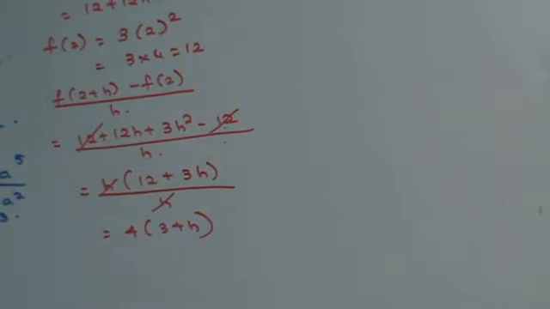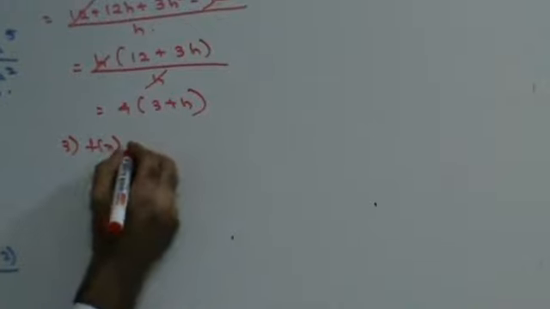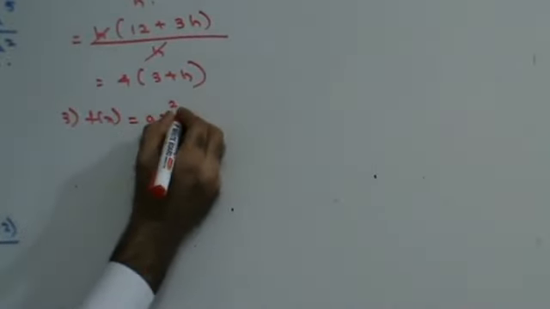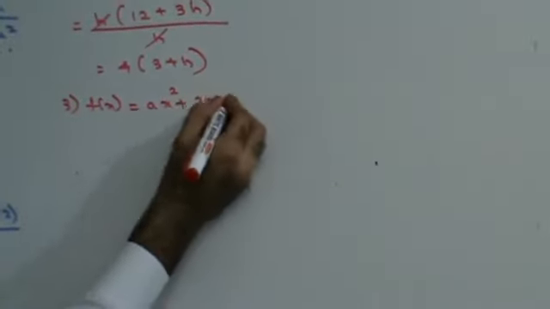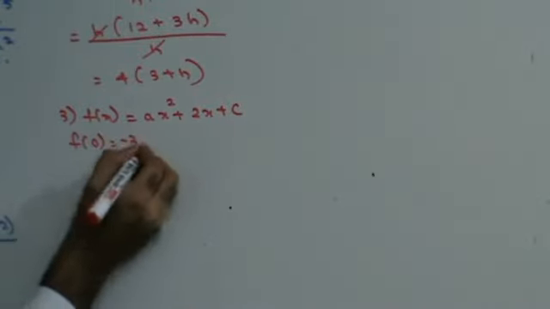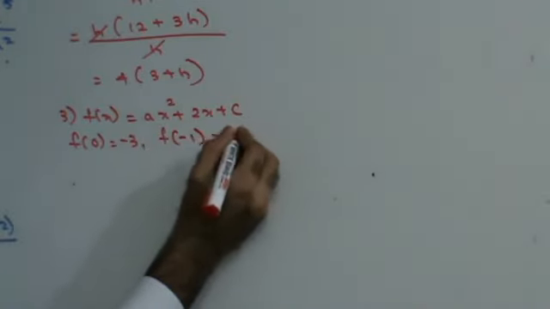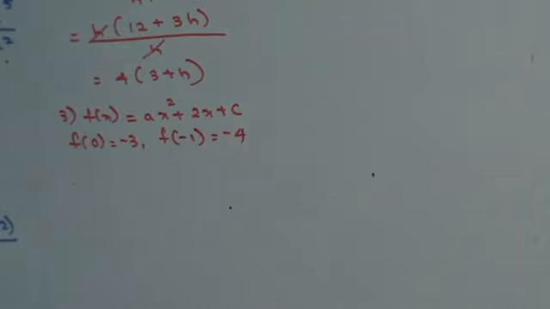Next, let's see another sum, guys. f of x is equal to ax square plus 2x plus c. f of 0 is minus 3. f of minus 1 is minus 4. You have to find out a and c.